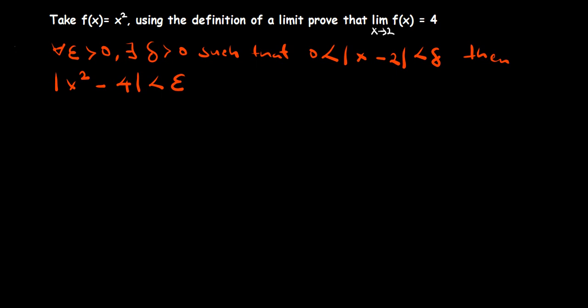Our end goal is just to get an epsilon. Then we would have proven that this is true. For every epsilon, no matter how small it is, there must exist a delta.